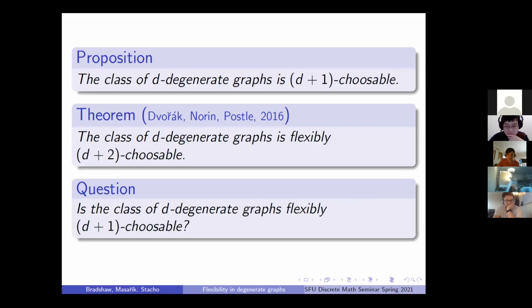All right, so another direction that this meta question can be taken in, which is less popular than planar graphs, but still fairly interesting, is the question of degenerate graphs. So it's known that degenerate graphs are d+1 choosable.